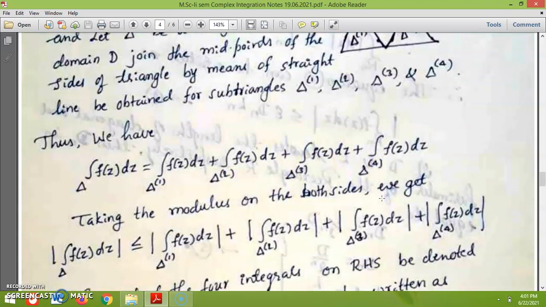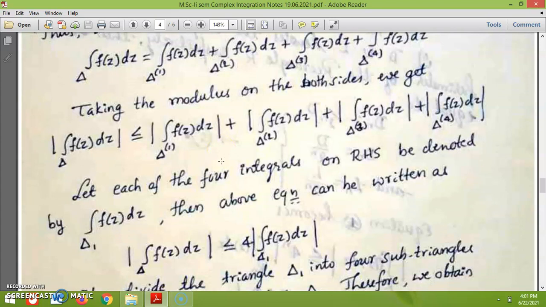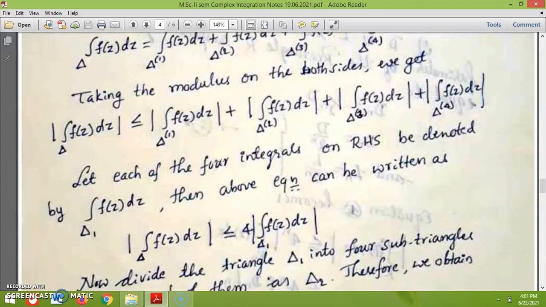Then taking the modulus on both sides, by the properties of real numbers, the magnitude of the integration of f of z over the triangle is less than or equal to the sum of the moduli of the integrations of f of z over triangle 1 plus triangle 2 plus triangle 3 plus triangle 4.